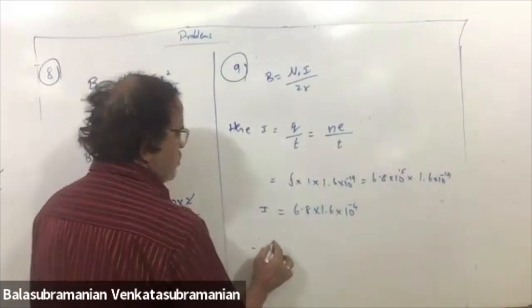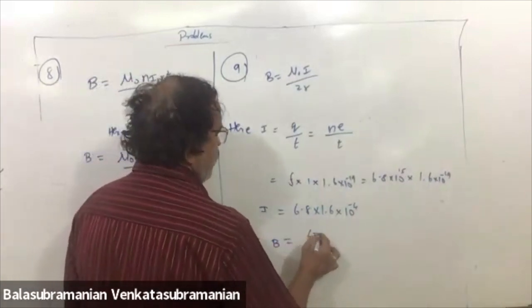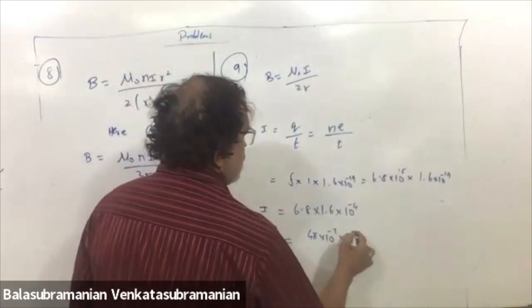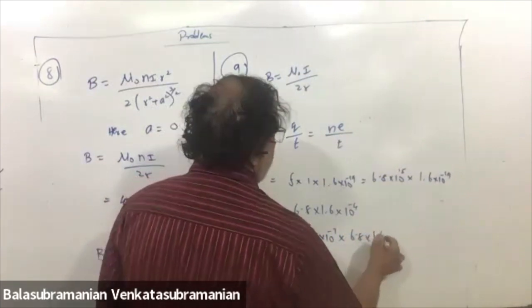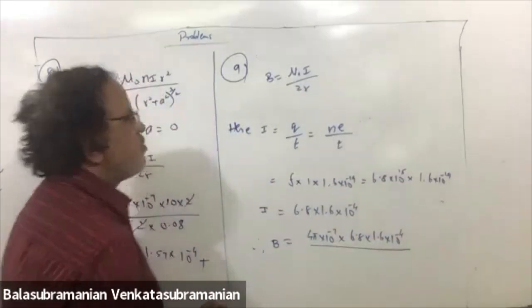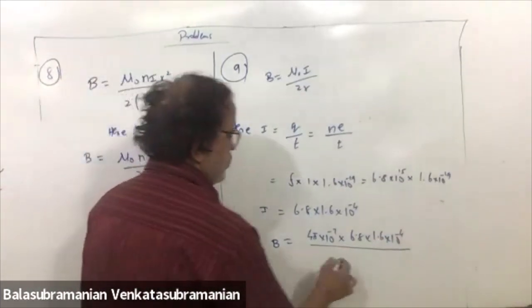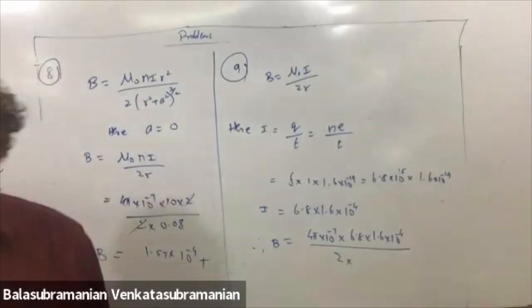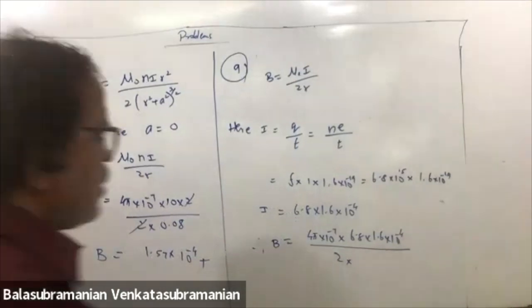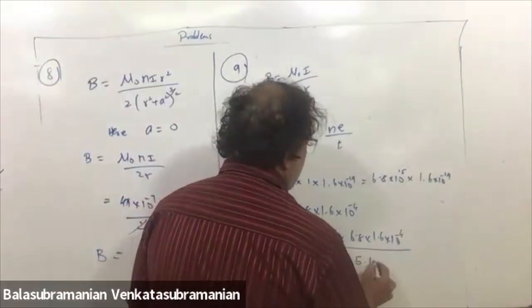Therefore, B is equal to 4 pi into 10 power minus 7, into current 6.8 into 1.6 into 10 power minus 4, by 2R. What is the distance given? Distance is nothing but the radius, 5.11 into 10 power minus 11.